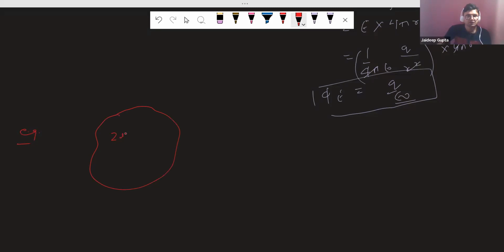This surface contains 2 microcoulomb, minus 3 microcoulomb, 1 microcoulomb. Now the question is asking, calculate the total flux. Fine. So phi E must be equal to Q total over epsilon. What is Q total? 2 microcoulomb minus 3 microcoulomb plus 1 microcoulomb. Yeah, see, 0. The total charge enclosed is 0, so the total flux will be 0.